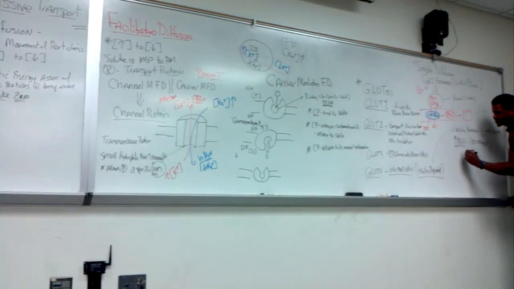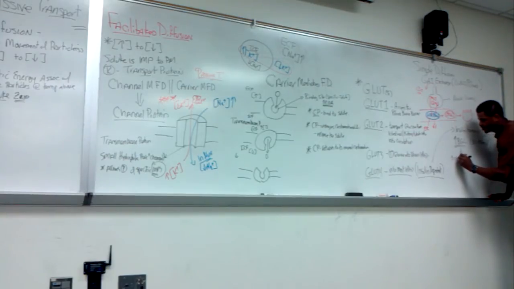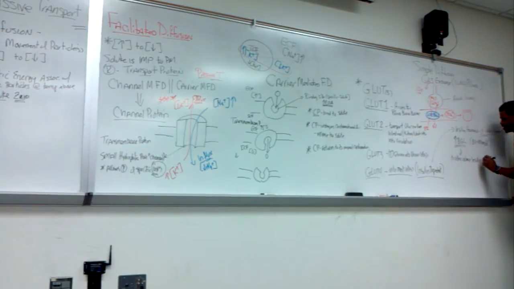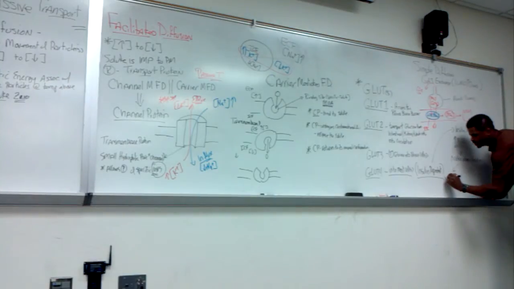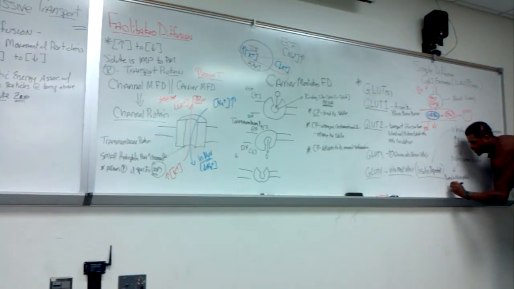So in response to the increase in blood glucose levels, the beta cells release insulin. Insulin from the pancreas will promote cellular uptake of glucose.